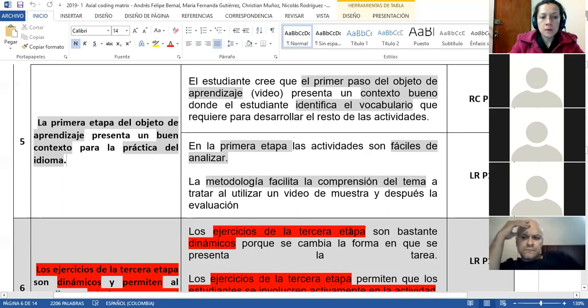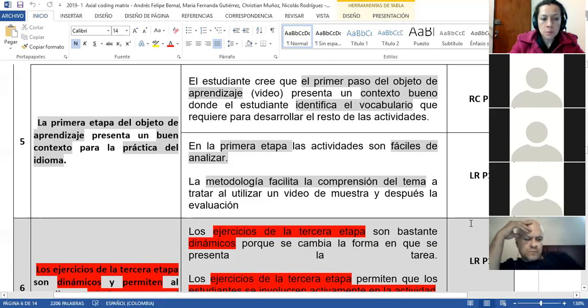So in this file, there are 19 new codes. Students talked about the stages. In the first stage, they used videos, so it helped to contextualize the task.